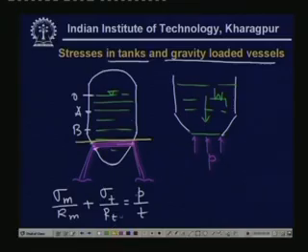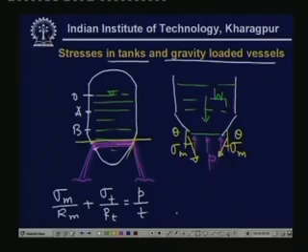Then what is that stress? There are two stresses, sigma m and sigma m. Now, suppose this angle is theta, that is, this tangent makes an angle theta.